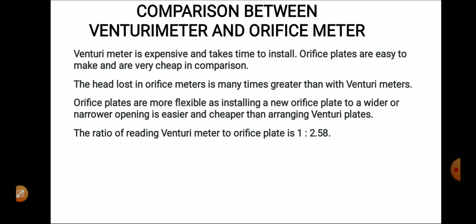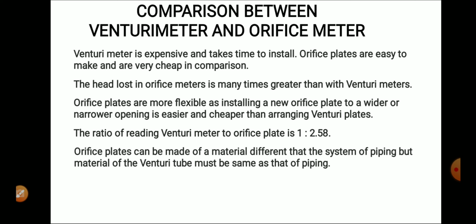The ratio of reading of Venturi meter to orifice plate is 1:2.58. Orifice plates can be made of a material different than the system of piping, but the material of Venturi tube must be same as that of the piping.